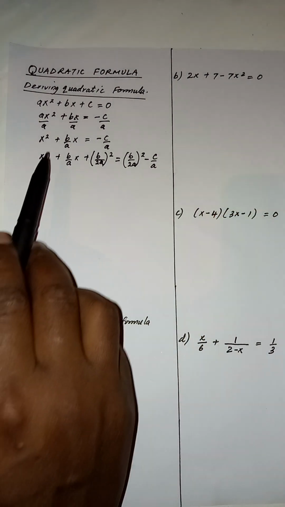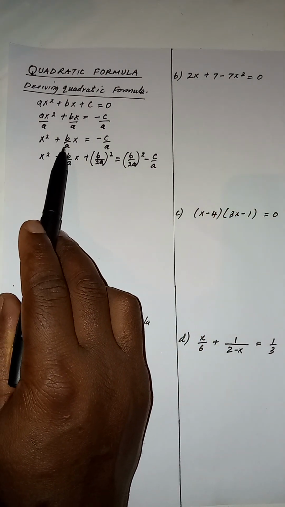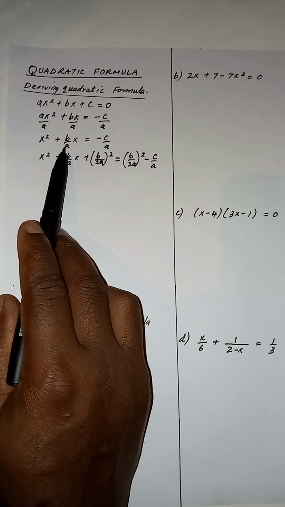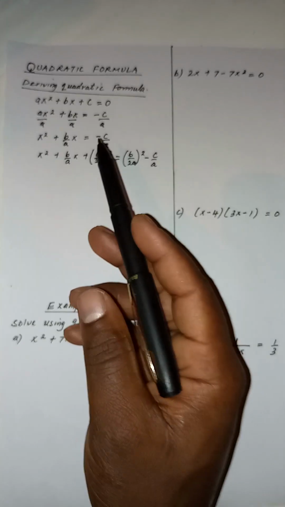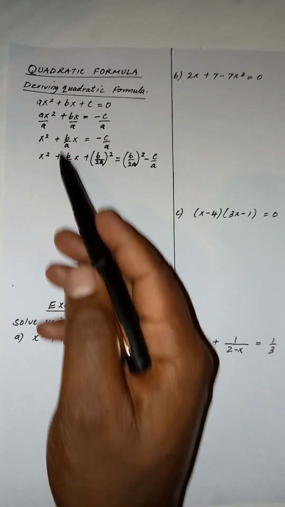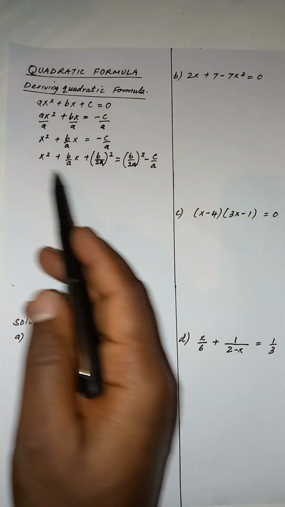So we have added the coefficient of the second term all over 2, squared, on both sides. This is the completing the square method we have used here.